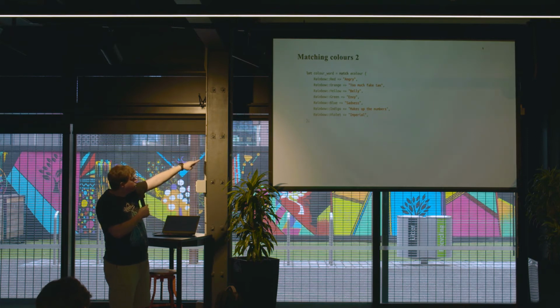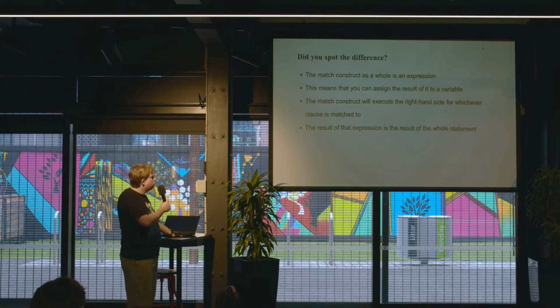It finds the first one that matches and executes whatever's on the right-hand side of it, and that's the whole result of the entire match statement. In this case, it just creates a string and returns it. Whatever comes out of the right-hand side becomes the result of the match statement, and if you're assigning it to a variable, that's what goes into the variable.